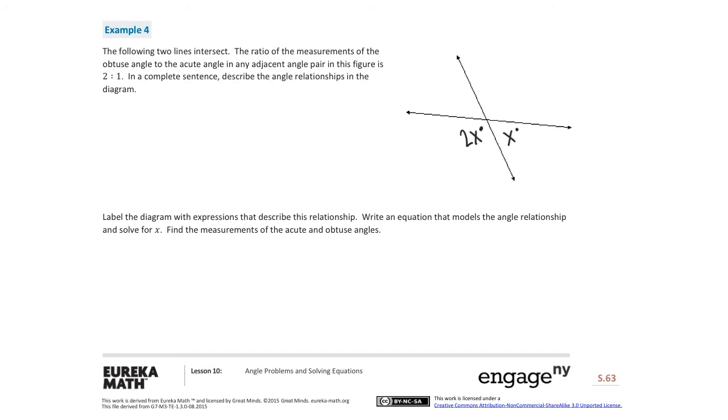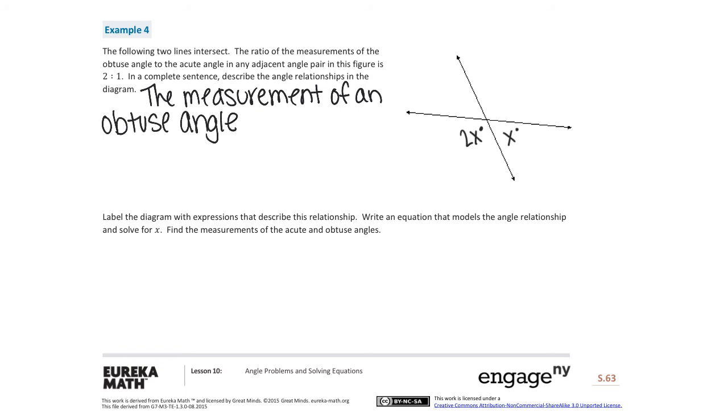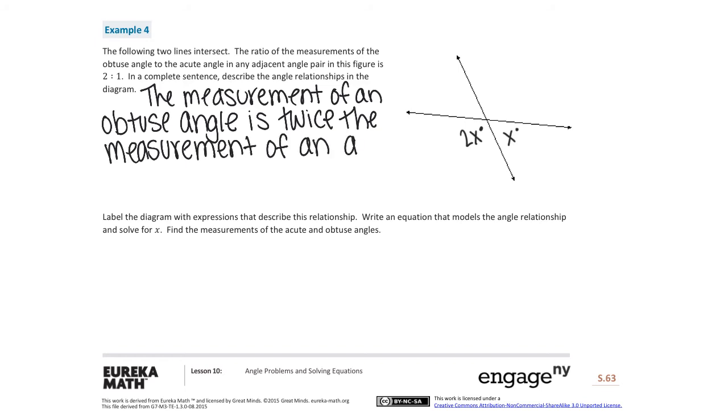So for the complete sentence, we're going to have: the measurement of an obtuse angle is twice the measurement of an acute angle in this diagram.